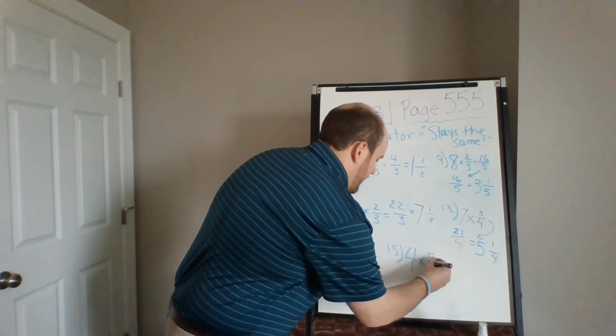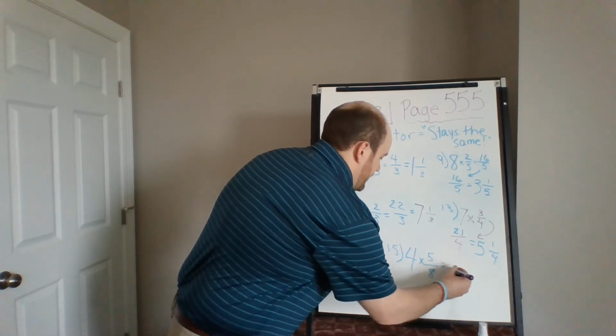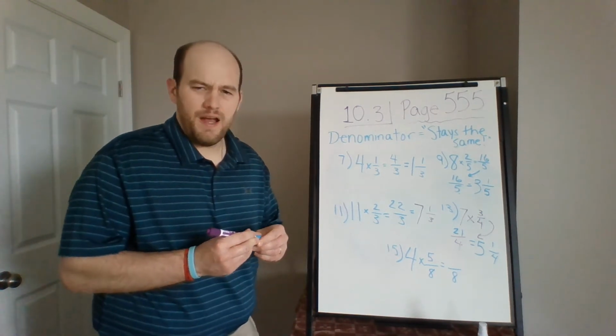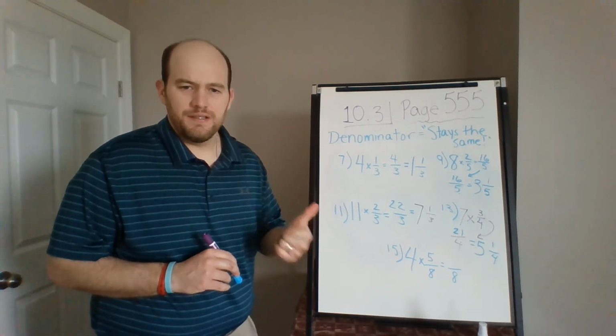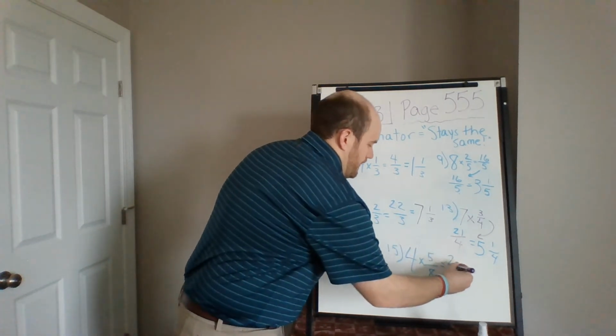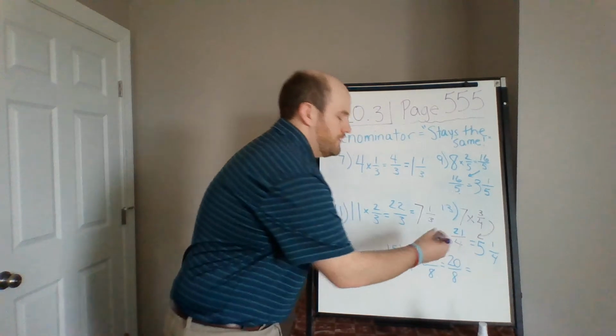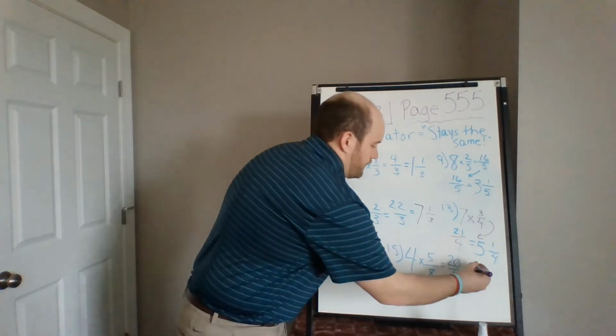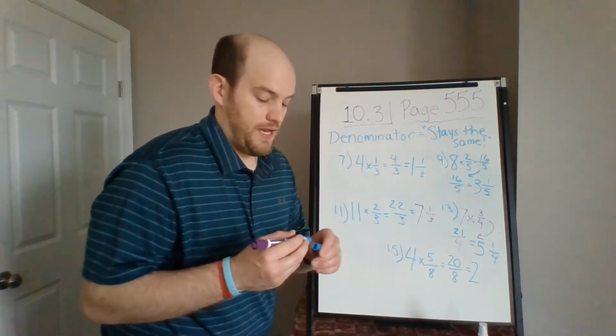And the last one for today, 4 times 5/8. The 8 stays the same. 4 times 5. Count your 5s. 5, 10, 15, 20. Okay? 20. How many times can 8 go into 20? I'm going to help you out. It's only twice. Okay? Twice. So 2 times 8.